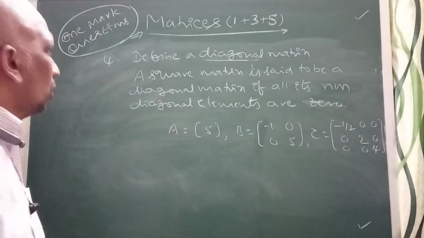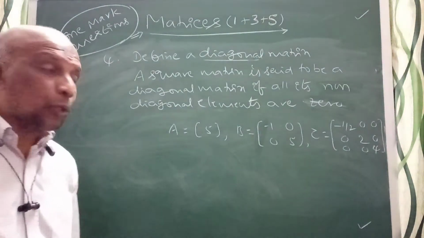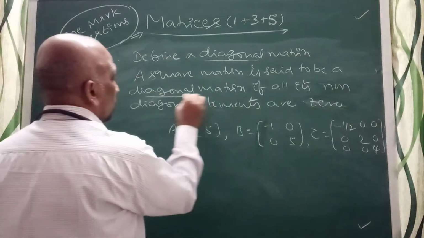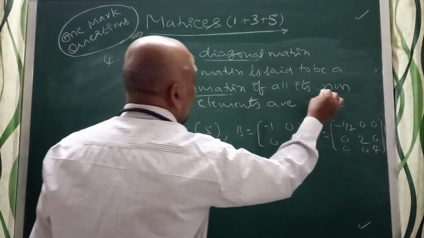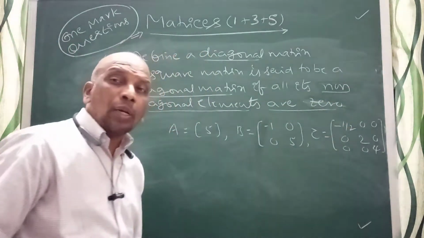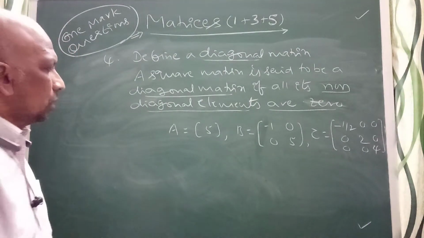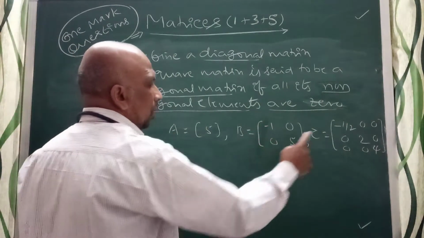Now define a diagonal matrix. A square matrix is said to be a diagonal matrix if all its non-diagonal elements are 0. Whenever all its non-diagonal elements are 0, it is called a diagonal matrix. See here, these are diagonal matrices of order 1, order 2 and order 3.